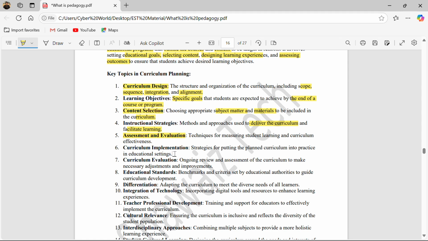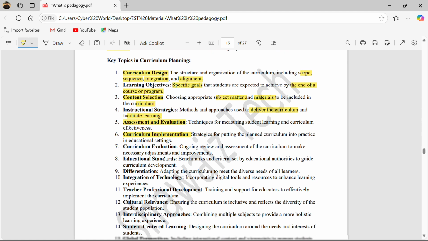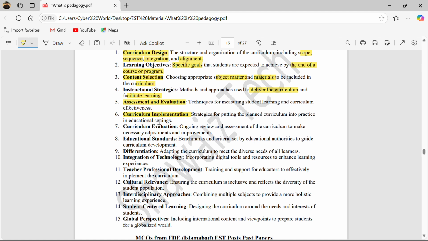Curriculum implementation: strategies for putting the planned curriculum into practice. Curriculum evaluation: ongoing review and assessment of the curriculum to make necessary adjustments and improvements.